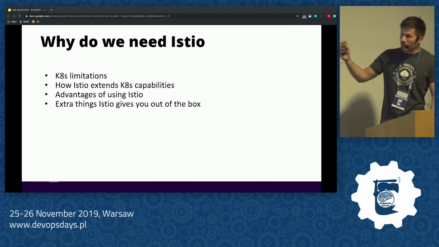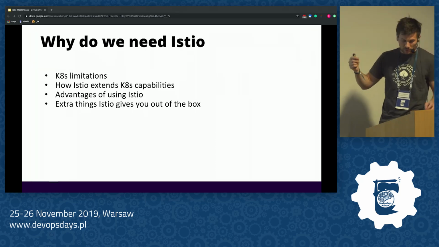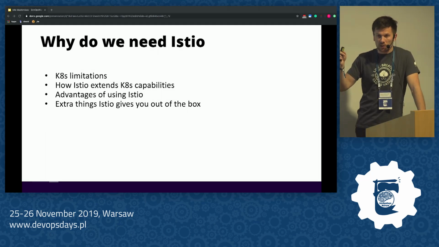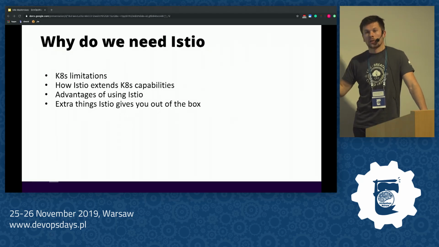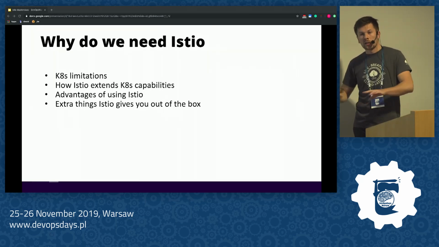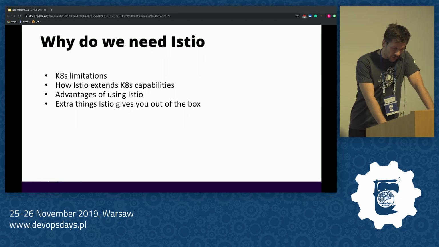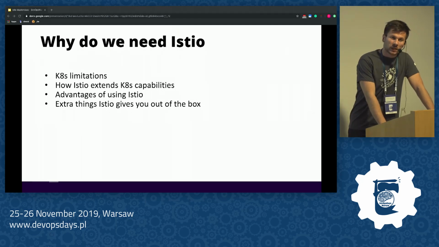For example, if you have a service for your deployment in Kubernetes, it's just a logical load balancer, and the only thing it can do is send traffic randomly to any container in the pod. Istio can do the load balancing too, but you can configure it in any way possible. We're gonna see that later. So think of Istio as something on top of Kubernetes, which gives you a lot more than Kubernetes itself, right?